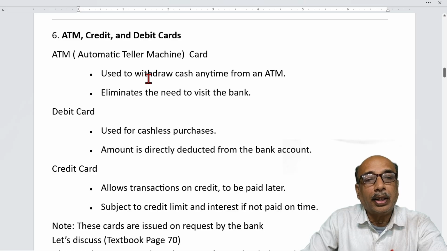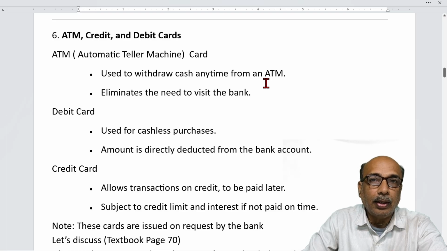ATM, credit cards, debit cards, these are also available. ATM means automatic teller machine. Used to withdraw cash anytime from an ATM. You know that ATM machines are there in different areas, in a number of places, especially near the railway station and bus stand.